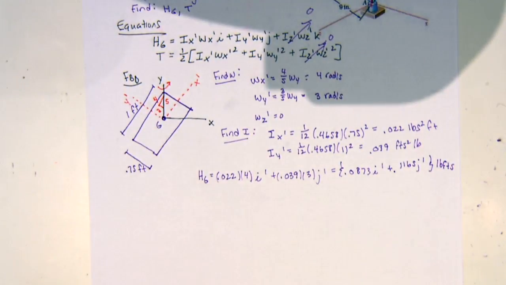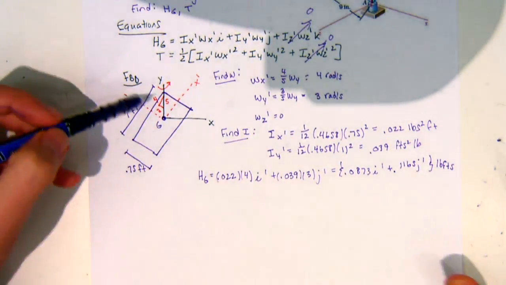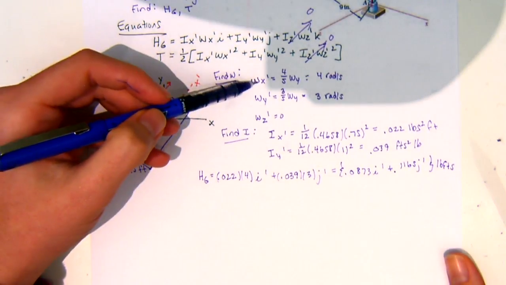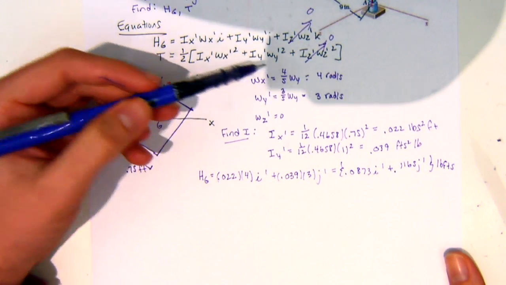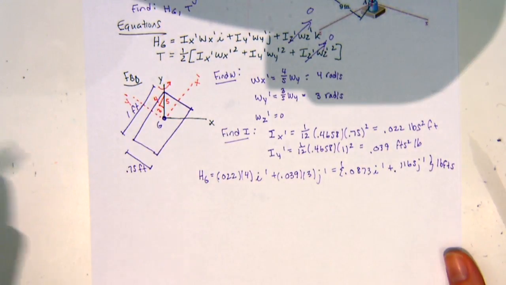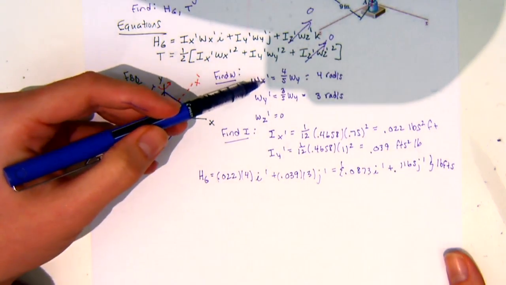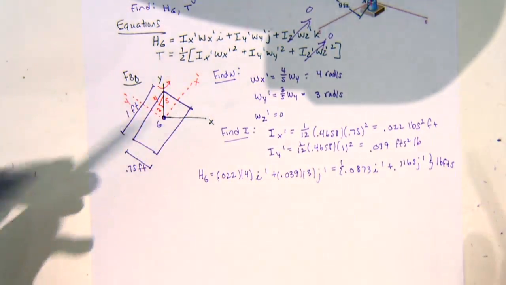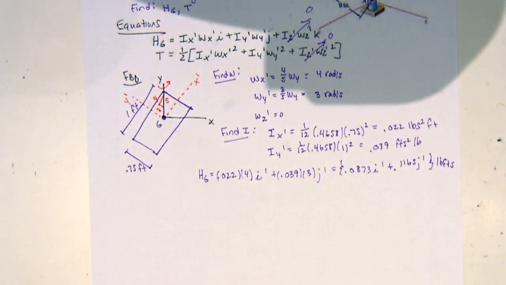So my little trick for this is that to convert omega y into the x prime axis, we multiplied it by 4/5. To convert it back, we're essentially going to multiply it by the opposite, or 3/5. That's my little trick.